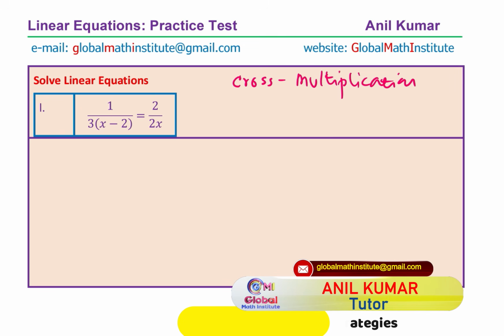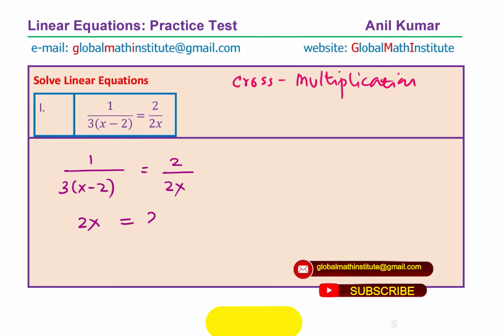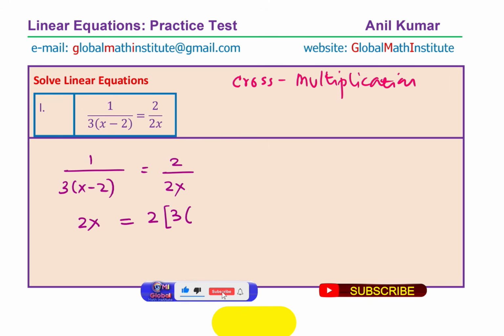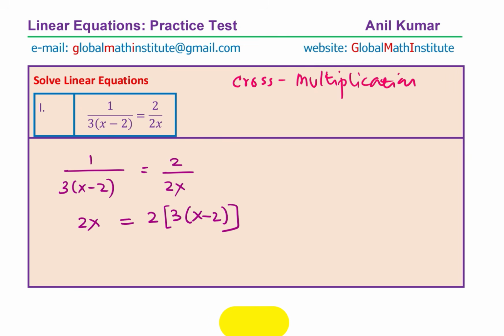So we are writing 1 over 3 times x minus 2 equals 2 over 2x. So when you cross multiply, we get 2x on this side, and on the right side we get 2 times 3 times x minus 2. Makes sense? I introduced the square brackets just to make it very clear for you how we've done it.